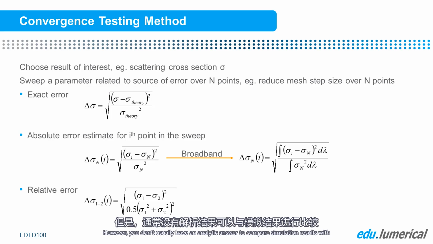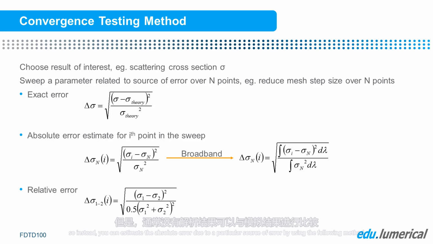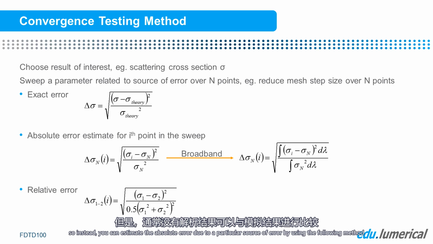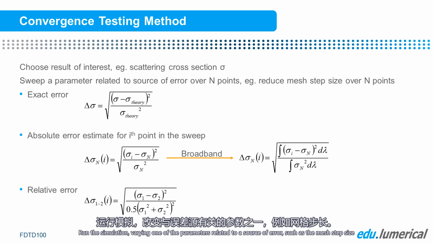However, you don't usually have an analytic answer to compare the simulation results with, so instead, you can estimate the absolute error due to a particular source of error by using the following method. Run the simulation, varying one of the parameters related to a source of error, such as the mesh step size.